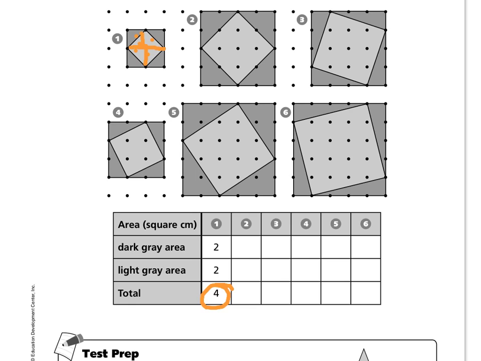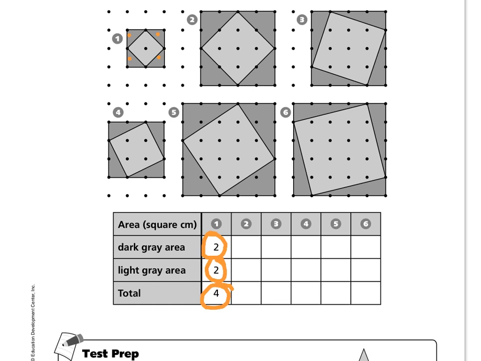So if you have 4 full triangles, then you have just 2 squares. Again, then you have 4 darker triangles. Remember, 2 dark triangles equals 1 full square, which means you would have 2 full squares.